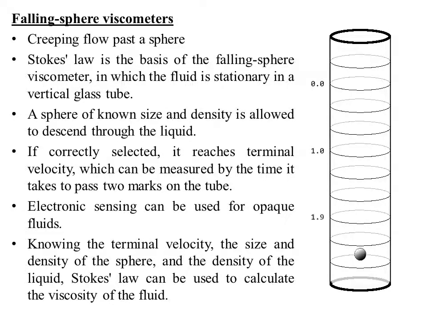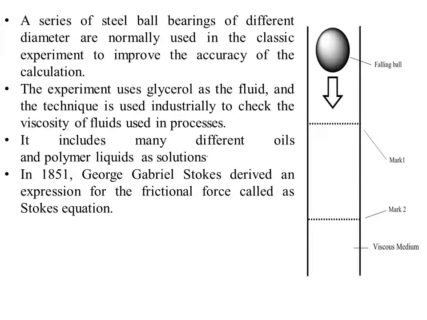Knowing the terminal velocity, the size and the density of the sphere, and the density of the liquid, we can use Stokes' law to calculate the viscosity of the liquid. A series of balls of different sizes, that is different diameters, can be kept and allowed to fall, and different timings can be measured. The experiment uses glycerol or any liquid whose viscosity is to be determined.